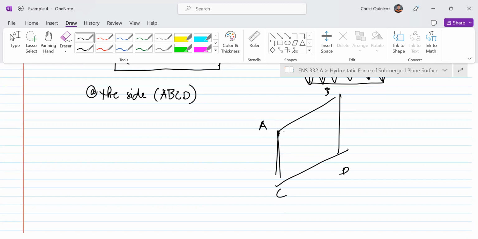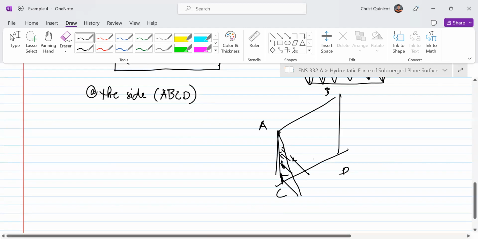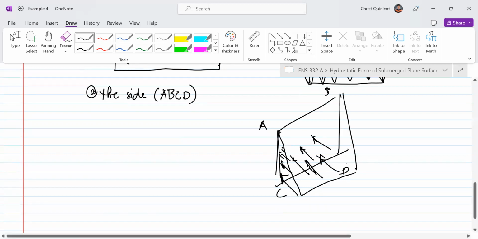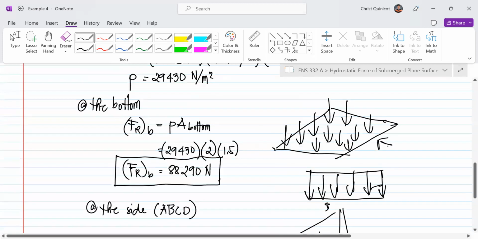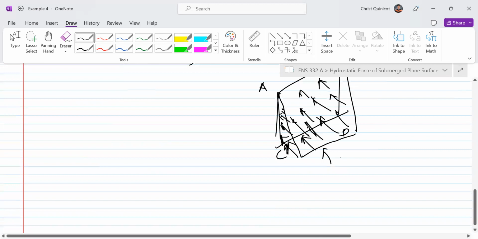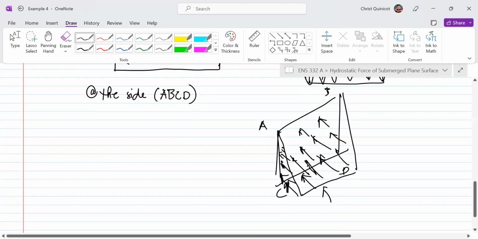So therefore, it looks like a triangular figure for our side pressure, kind of like this one. And the maximum pressure, 29,430 Newton per meter squared, is at the very bottom.